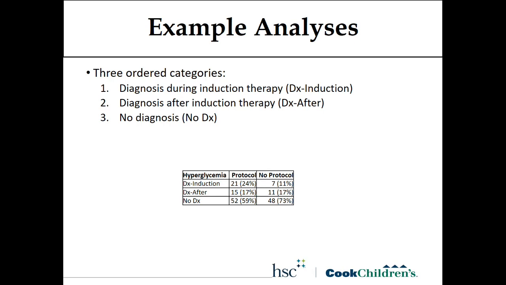But to say that there's an ordinal relationship between these three categories is a pretty big stretch, because if you're not diagnosed, it may mean that you don't have hyperglycemia. It doesn't necessarily mean that you missed it. But setting that aside, we're going to pretend that this is a good way to use ordinal logistic regression, and we're going to examine the results.